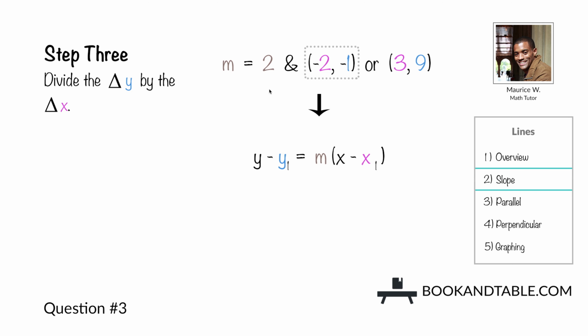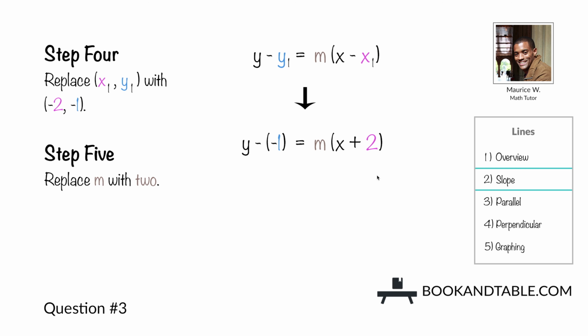Now we take that slope and combine it with either the first point provided or the second point provided in the point slope form to figure out the equation of the line. So step 4, replace x1 and y1 with negative 2 and negative 1. And then step 5, replace m with positive 2.